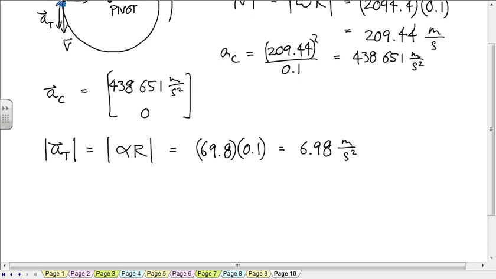We know the tangential acceleration is pointing in the negative y direction.